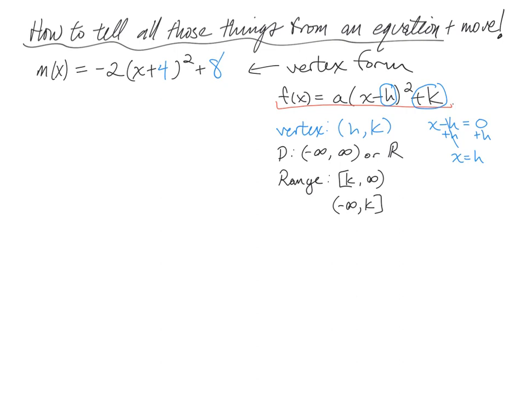But now we don't have a graph to tell if it's opening up or down. But remember that it'll be k to infinity if the graph is opening up, or negative infinity to k if the graph is opening down.